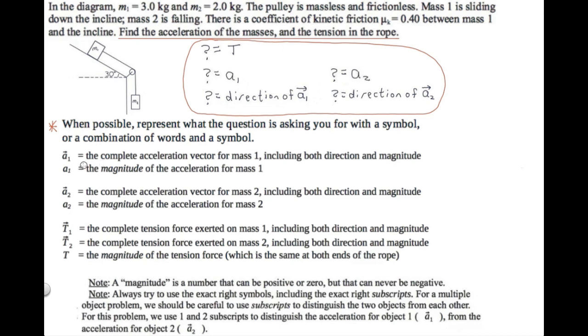When you write a vector symbol without an arrow on top, the symbol stands specifically for the magnitude of the vector. The problem also asks for the tension. The professor probably intends this part of the question to be asking for the magnitude of the tension force, which we can represent with the symbol capital T written without an arrow on top.